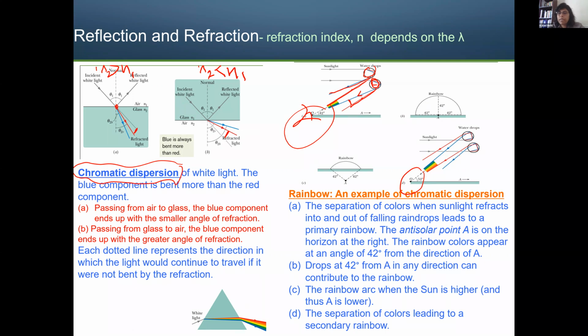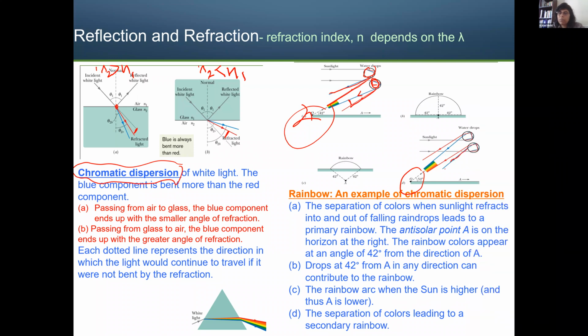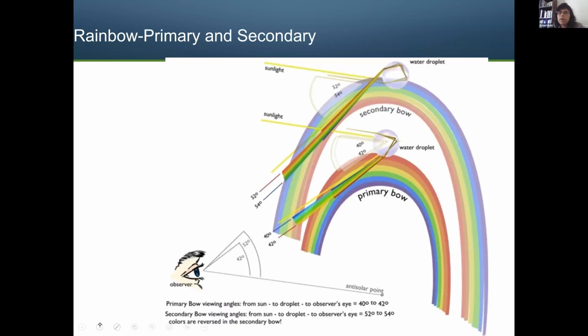What is happening is that the sunlight in the raindrop is reflected at the bottom. You see refraction here. You have the blue and the red, and then you have red and blue. Then you have blue on the top and red in the bottom. That's the reason you will see your secondary spectrum red to blue and the primary one blue to red. They show the opposite colors.